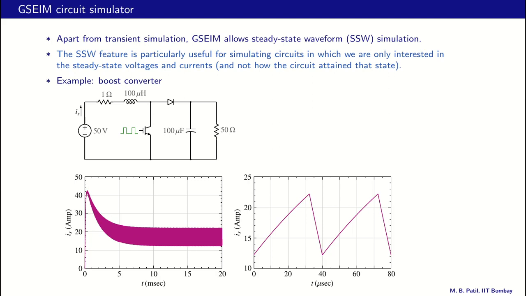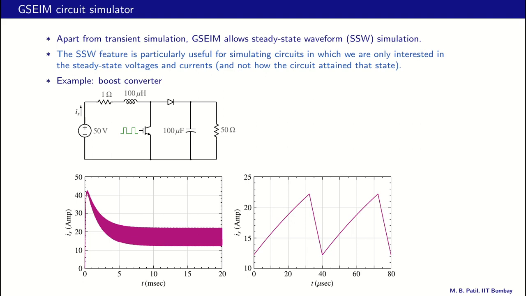So one time period is 40 microseconds. And in these situations, we typically are only interested in that steady state 40 microseconds of data, whether that is the switch current or it's the output voltage or the capacitor current or the diode current or whatever.